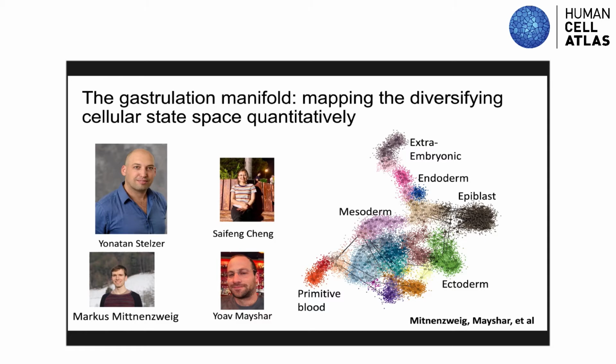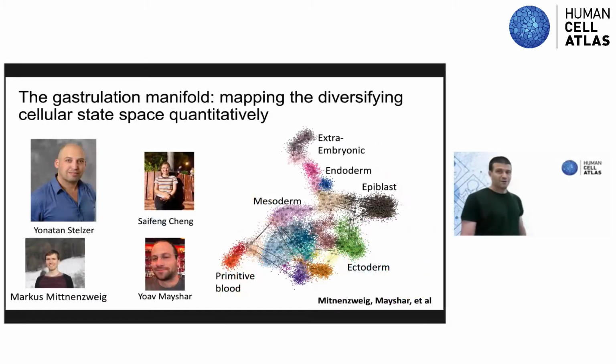We think of those as manifolds, and here is one manifold we were generating together with the Jonathan Stelzel group at Weizmann. Saif Cheng and Marcus and Yoav are the leaders here. And for us, this manifold is actually a snapshot of a quantitative transcriptional cell state space.